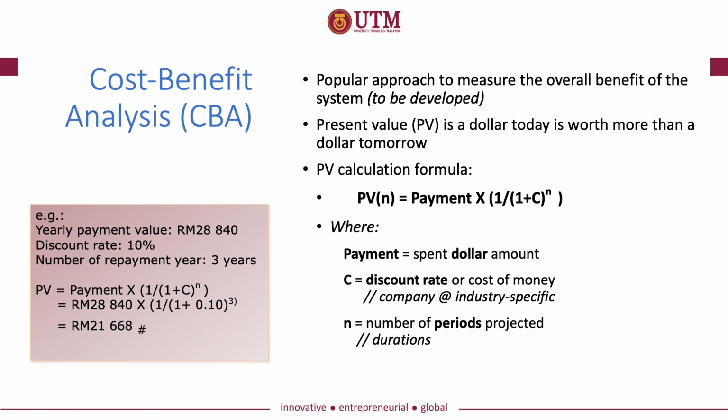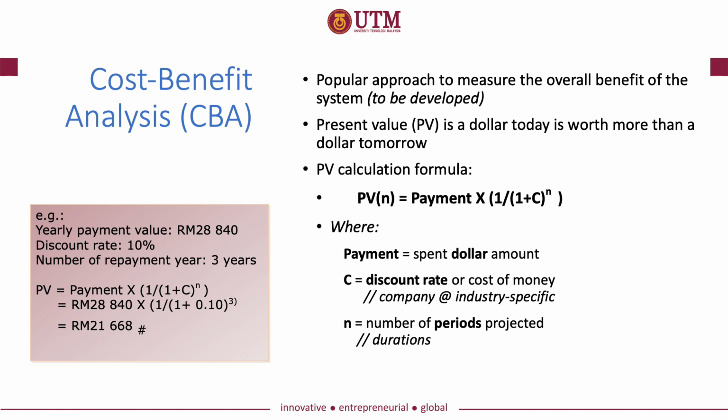PV n equals payment times 1 over (1 plus c) to the power of n. There are three important variables that you must understand: n, payment, and c, where payment is basically the amount of invested money. c is the discount rate. The term refers to the cost rate of money in investment and financial domain areas.